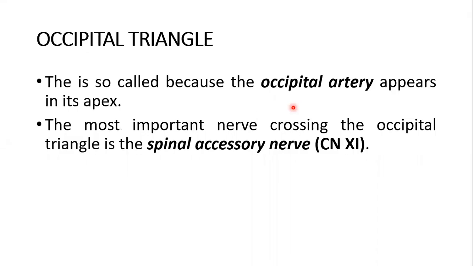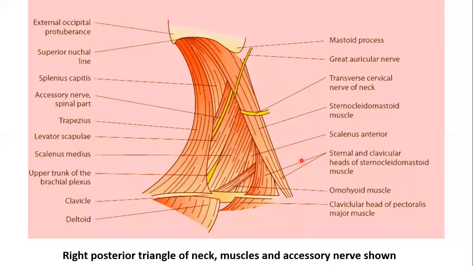So this is the occipital triangle. A brief discussion: because the occipital artery is present in it, it is called the occipital triangle. I told you the most important nerve crossing the occipital triangle is the spinal accessory nerve. I showed you already, this is the spinal accessory nerve.